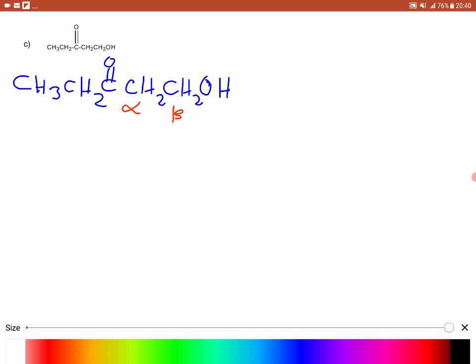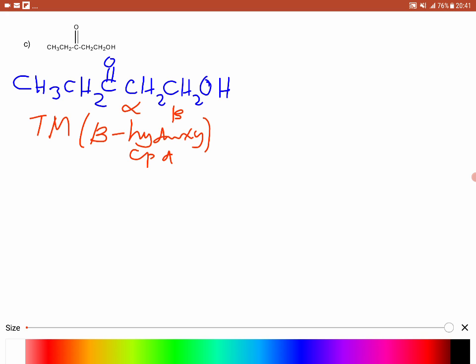The target molecule has a hydroxy substituent at the beta position, so it is a beta hydroxy compound. Again, this is a clear indication that the target molecule was made by aldol reaction.